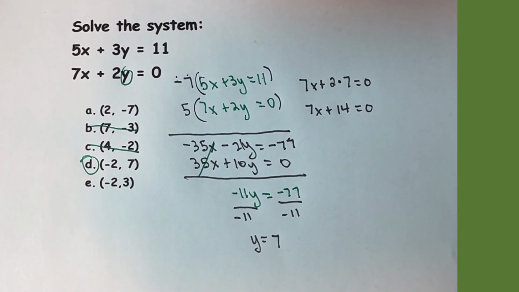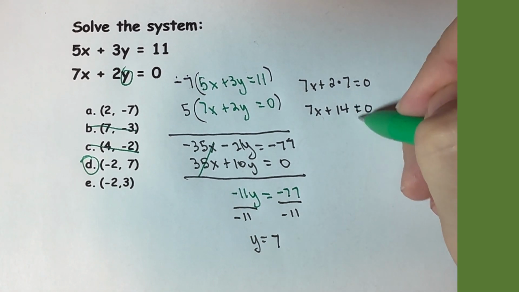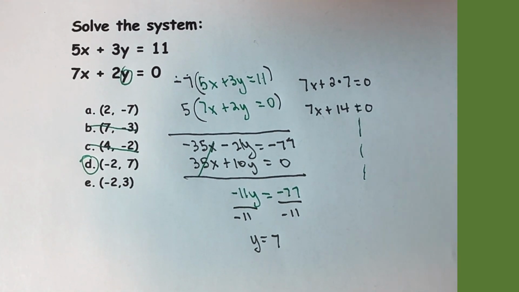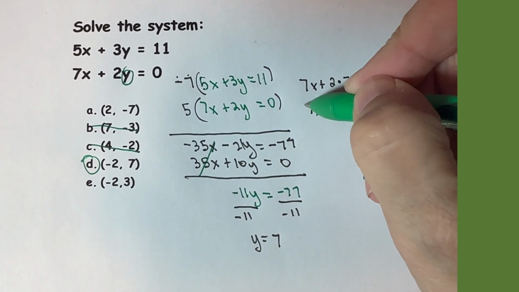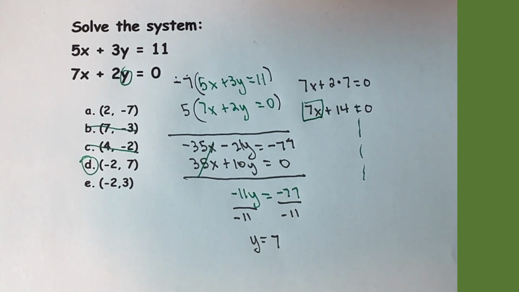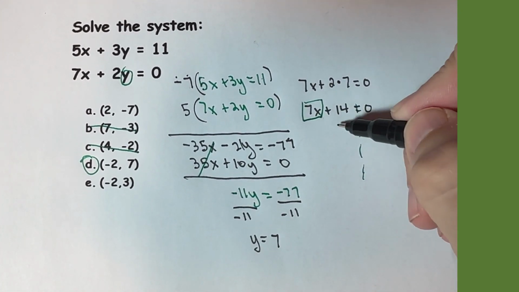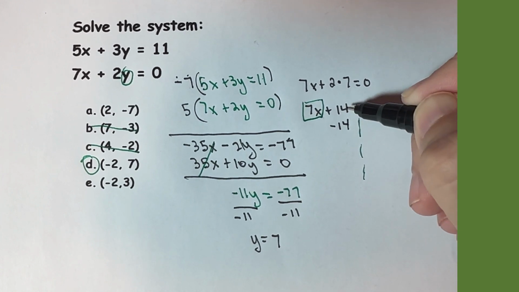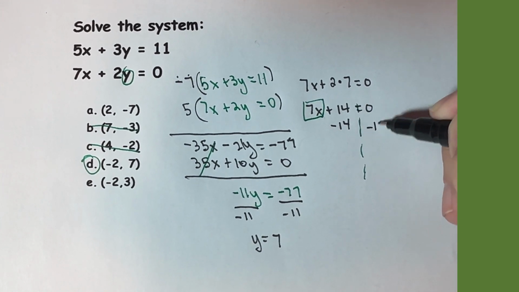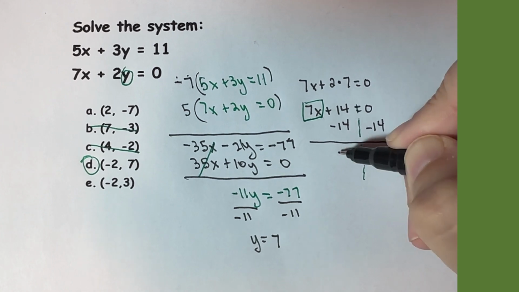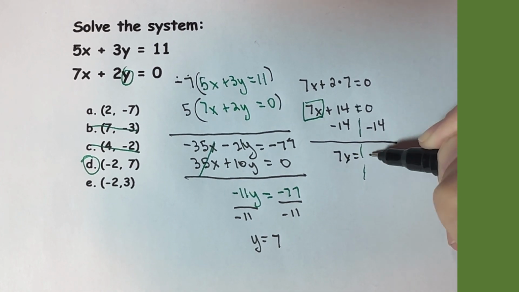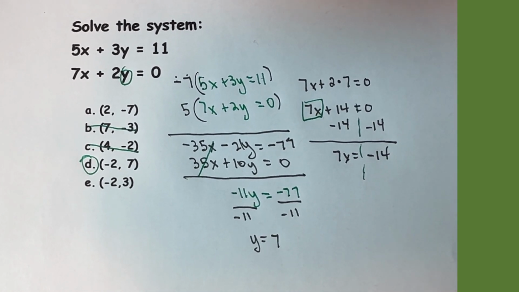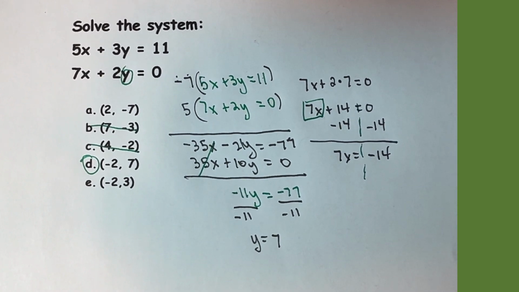This is good review for solving equations. We need to separate the 2 sides. I need to get this x by itself. So whatever's outside my box has to move to the other side. So in order to get rid of a positive, I got to make it negative. So now I got 7 times x equals -14. But I don't want 7 times x. I want x.